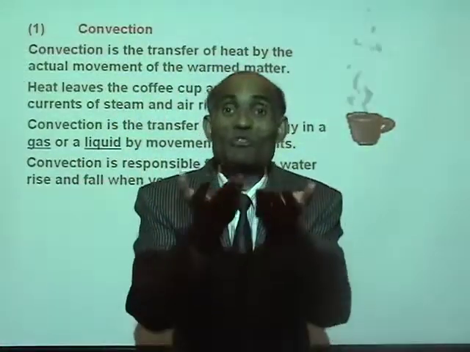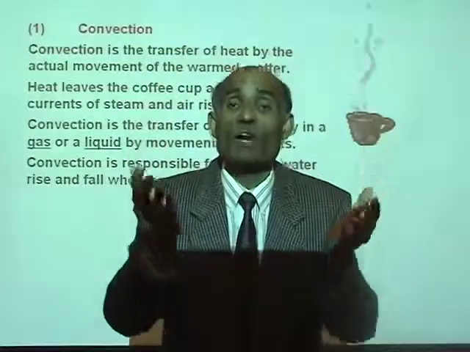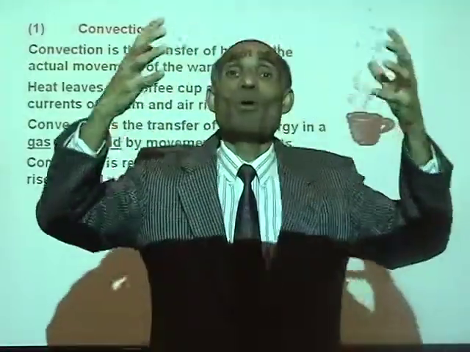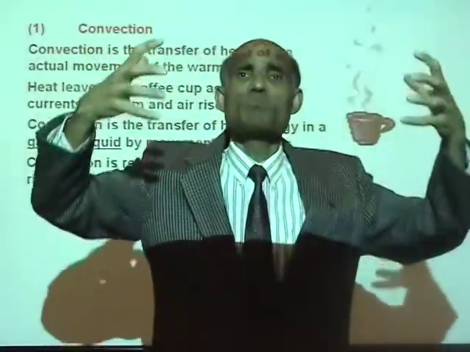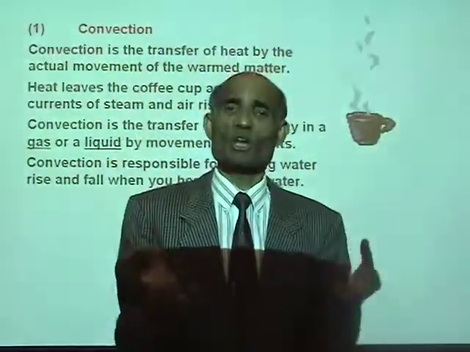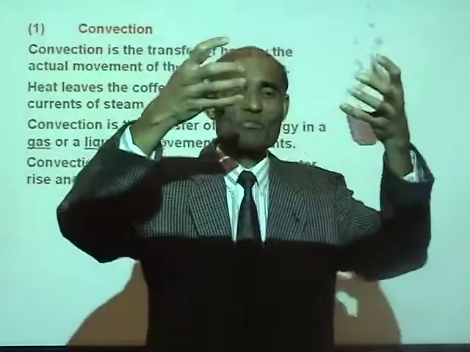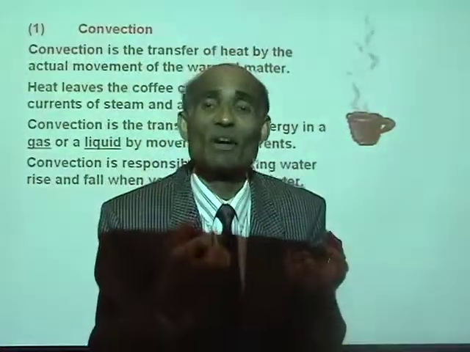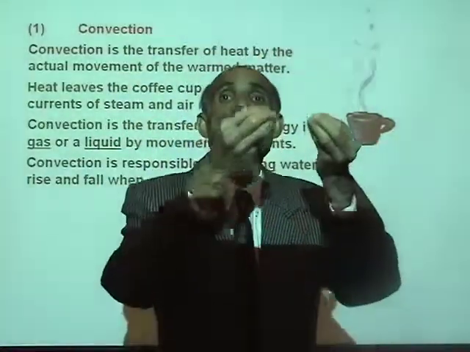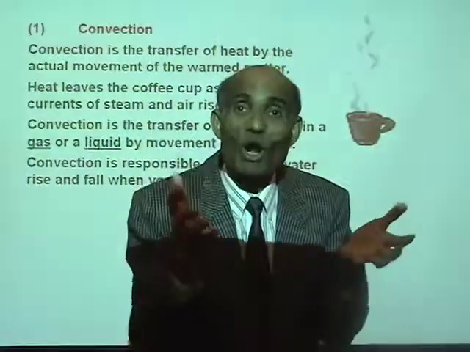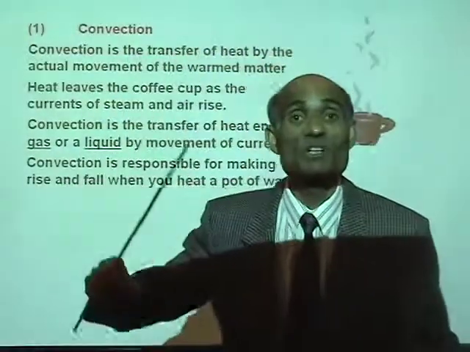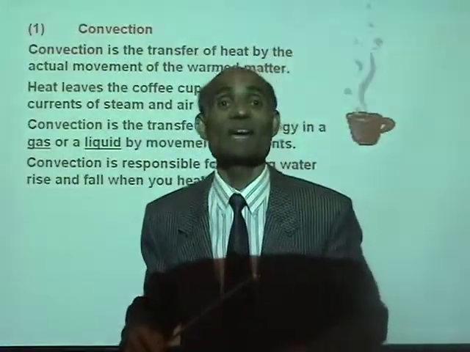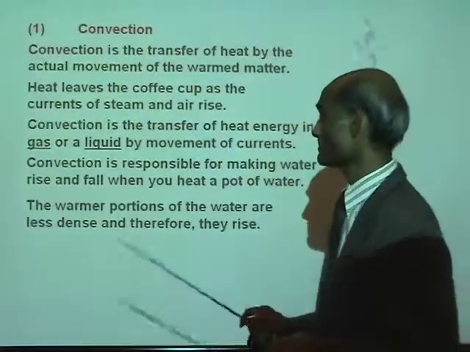And this process will keep on until the water boils. And if you watch it boil, it's a great big commotion, motion of molecules. Molecules moving from one place to another. Warm molecules moving away and cold molecules coming to take its place. And that happens continuously, setting up a convection current.